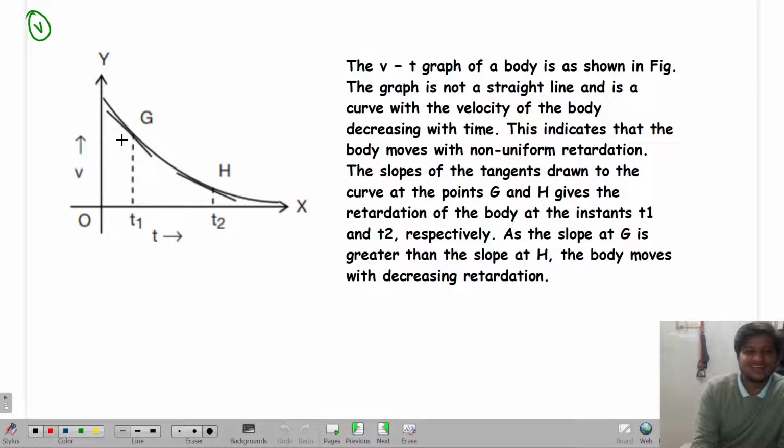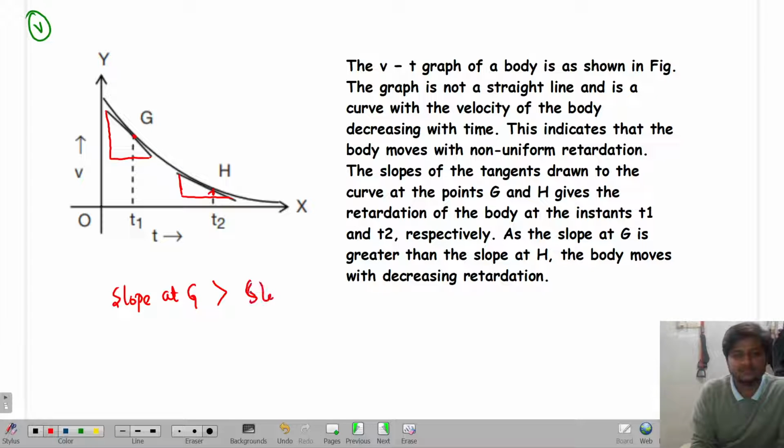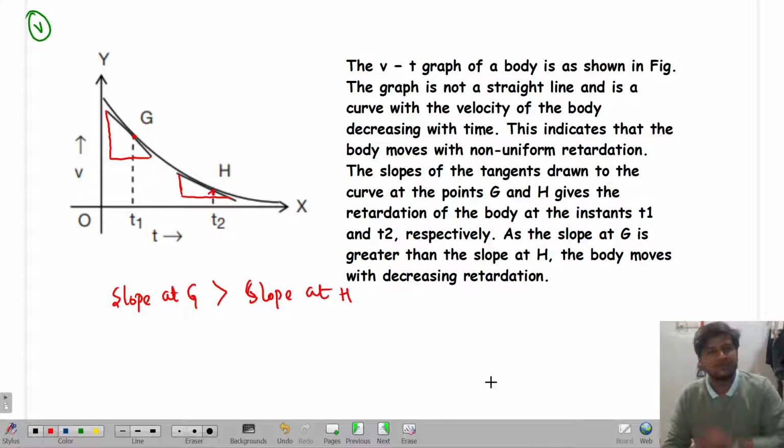First, if I want to talk about retardation at point G or H, I need to draw one right angle triangle over here. I have drawn my right angle triangle. So what is happening? The slope at G is greater than the slope at H. Actually, this is not a perfect slope.